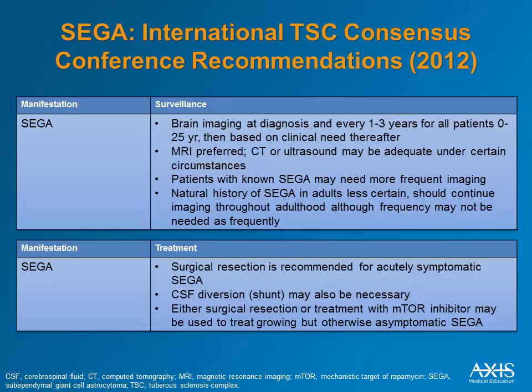And in the case of a SEGA that's identified through imaging but is otherwise asymptomatic, then it's recognized that medical therapy with its risks and benefits and surgical therapy with its risks and benefits are equal approaches to effectively manage SEGA, and it depends on conversations between the neurosurgical team, the medical team, and the patient and/or family to determine what is the best course of action for that patient.